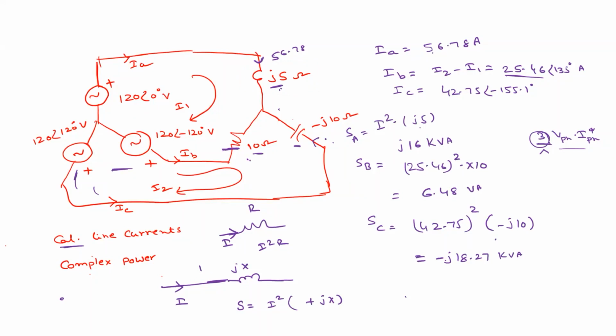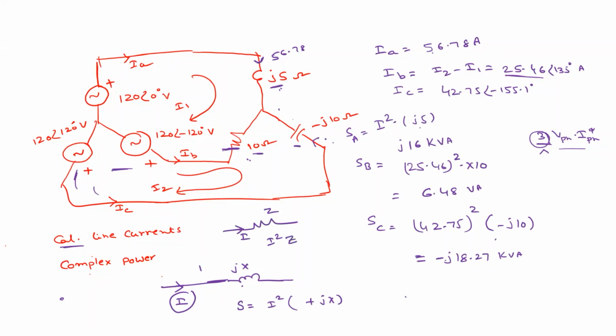In case of delta connection, we can use the same I square R. You have that I is the current flowing through the element. If some resistance is there and some current I is flowing, it is I square R. If this is Z, it is I square into Z.